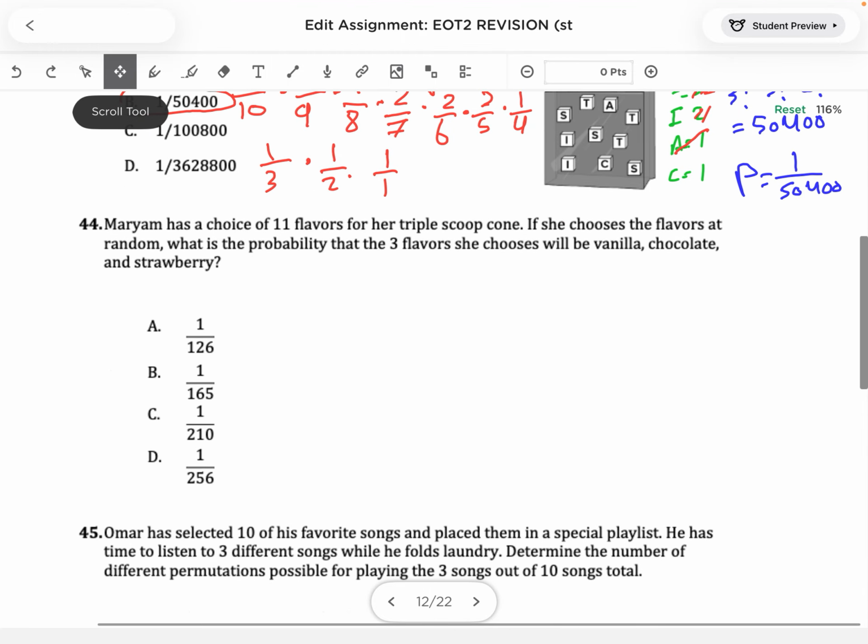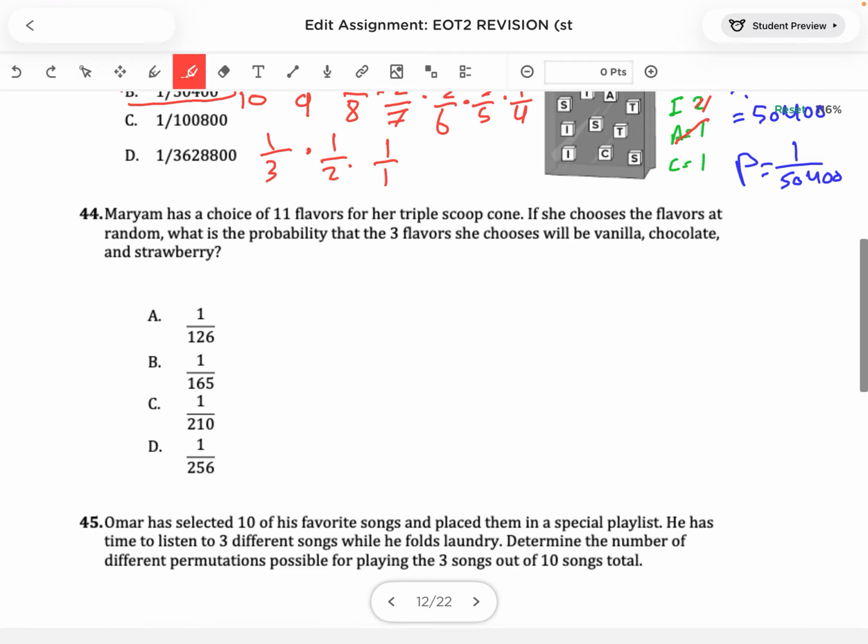Next question. Maryam has 11 flavors for her triple scoop cone. Flavors at random, what is the probability? So the sample space is 11 combination 3 because they are not mentioning the way of selection.